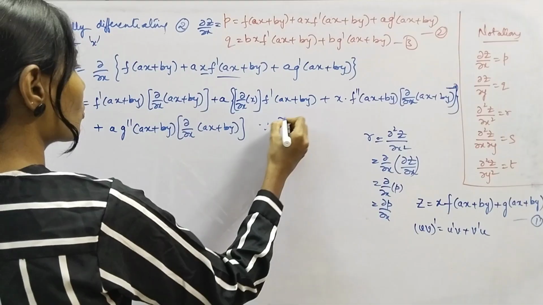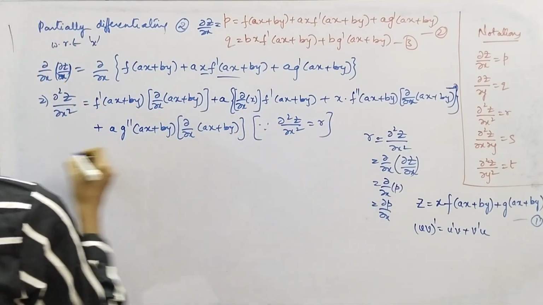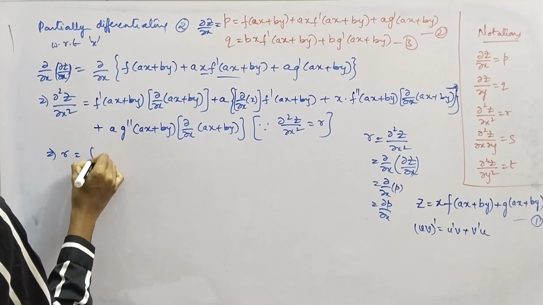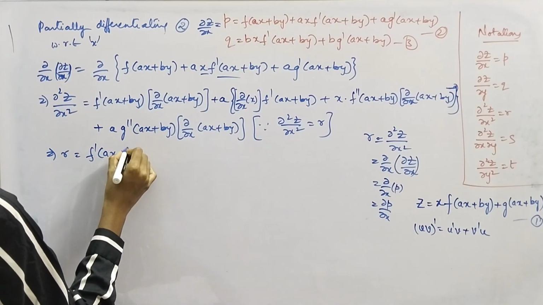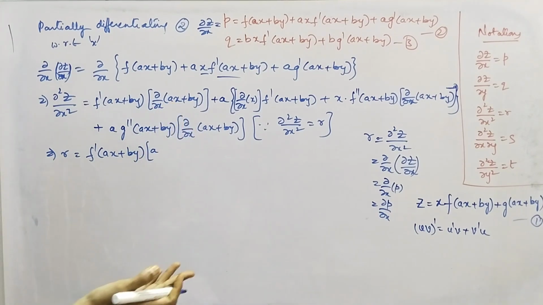Since we know that dou square z by dou x square can be replaced by the notation r, we'll get r equal to f dash of ax plus by into the partial derivative, here a is treated as constant, right?